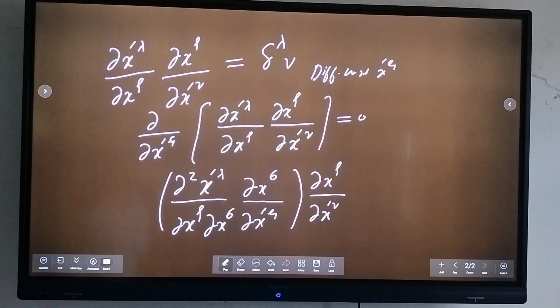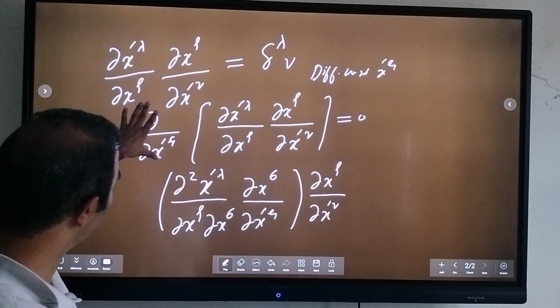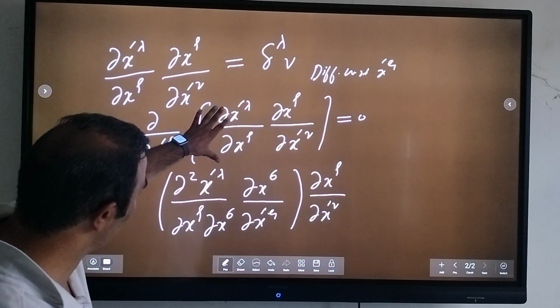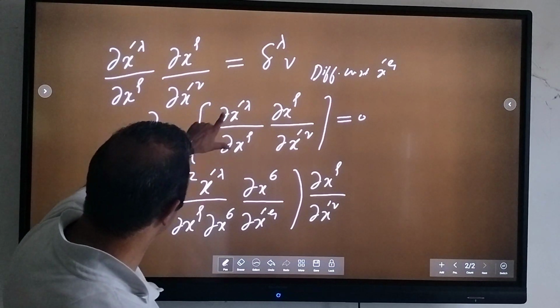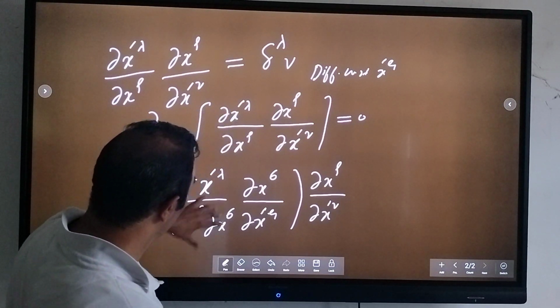So this is very clear, because what I did here, I basically differentiated this term, so that's partial x prime lambda, then partial x rho, then partial x rho.